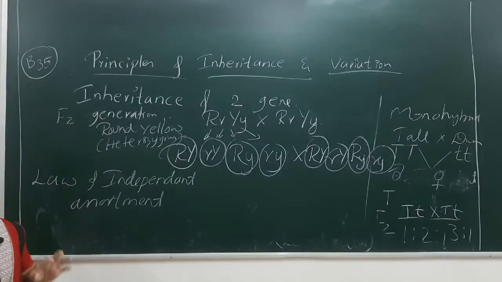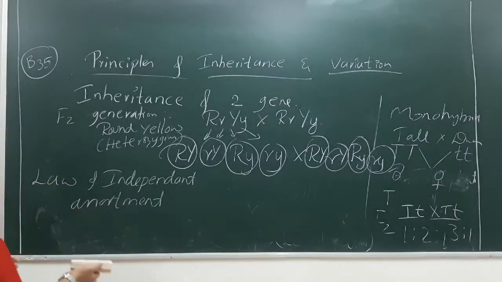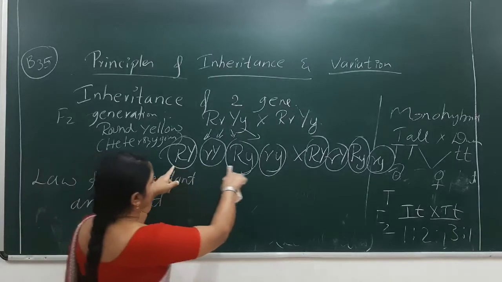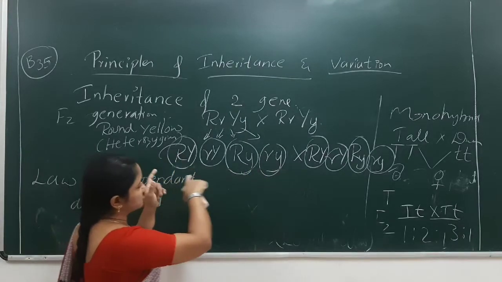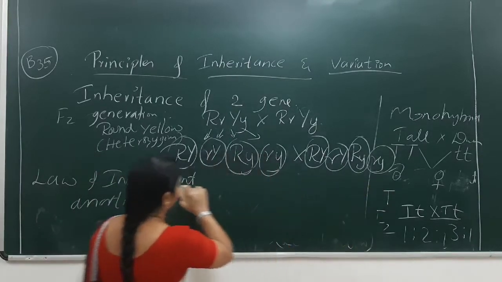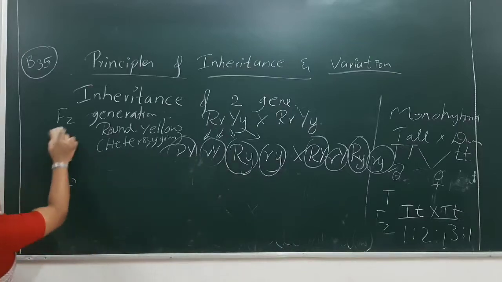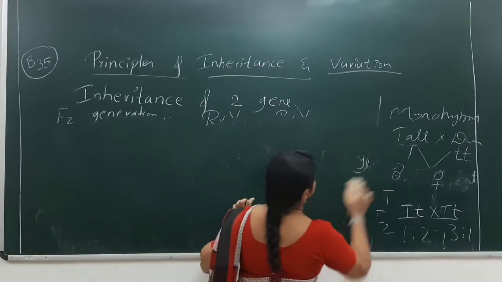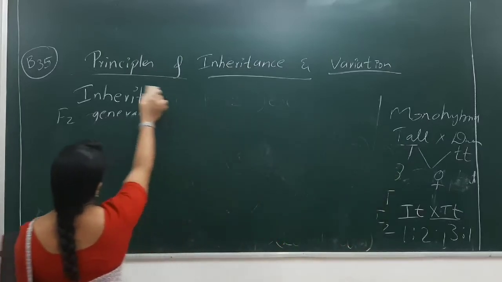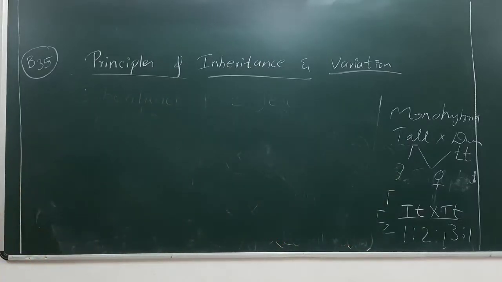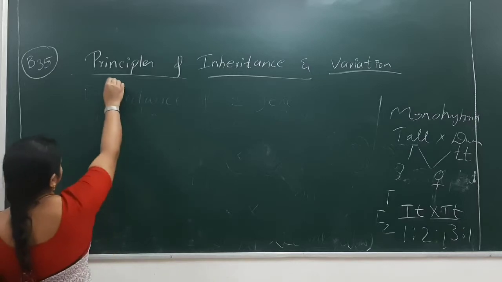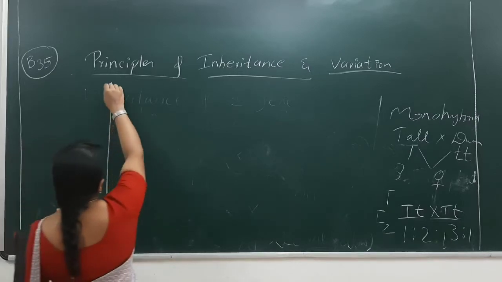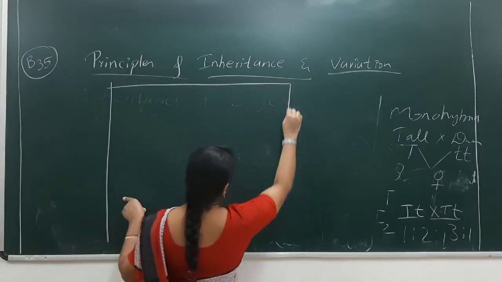So, we will write the Punnett square now, taking these gametes on the top position and these gametes on the left row. So, put the Punnett square.